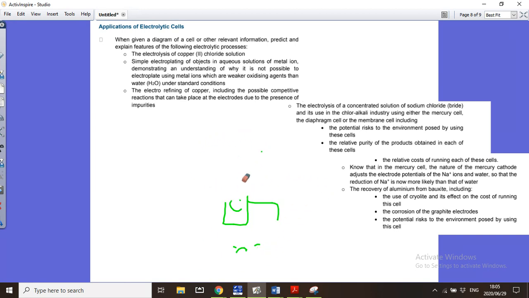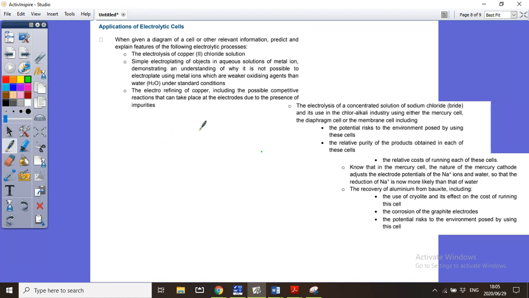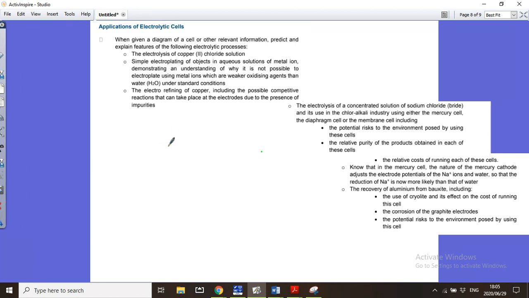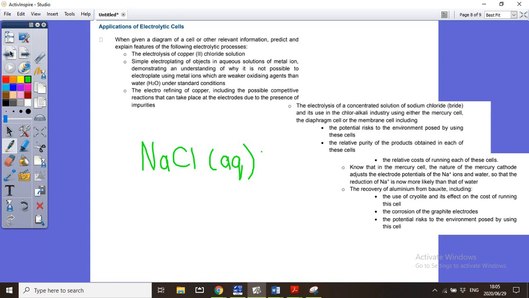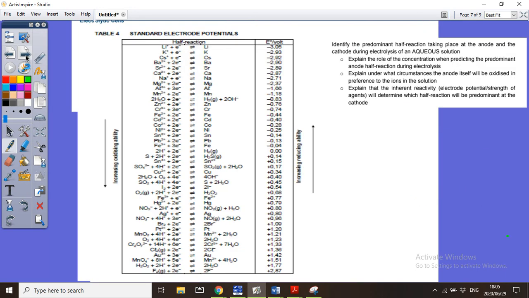And the chemicals that they're forming for us is chlorine gas, hydrogen gas, and sodium hydroxide. So please remember that it all happens with brine. Brine is NaCl in water, but it is concentrated. So it's exactly the reaction I showed you earlier.